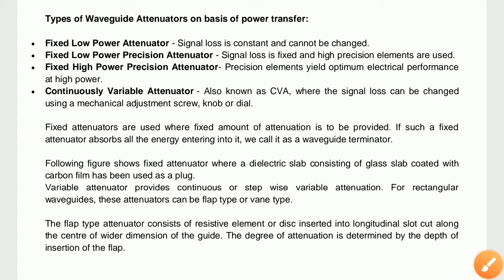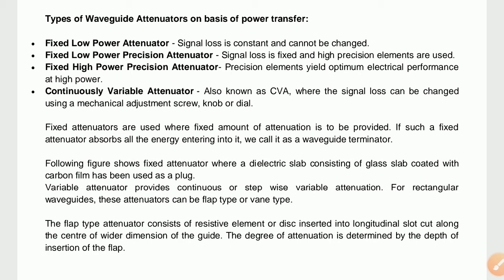The third one is the fixed high power precision attenuator. It performs attenuation at high power, and the precision elements yield optimum electrical performance at high power. The last one is the continuous variable attenuator.